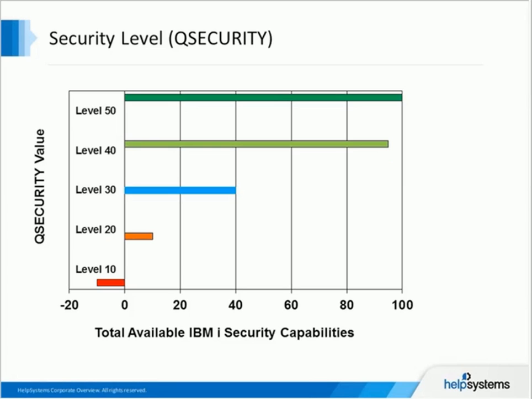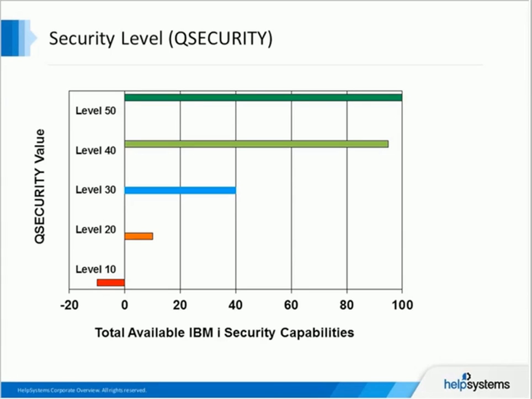Level 10 went by the wayside a very long time ago while I was still at IBM. Even then, it was early in my career as IBM team leader that we got rid of level 10. Right now, there are 4 levels of security: 20, 30, 40, 50.